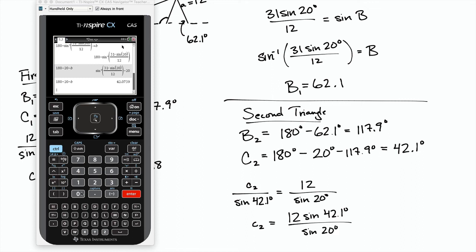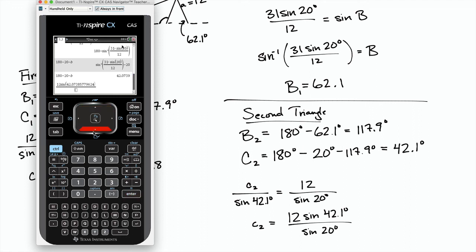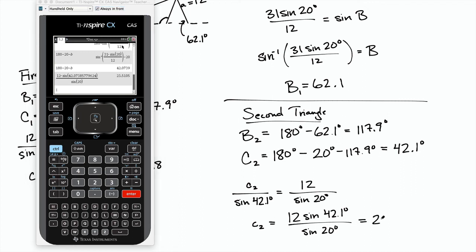And so I can type that into my calculator now. I've got 12 sine of, and then go ahead and just use that thing that I just did, and then over the sine of the 20. And that gives me my side length, rounded to 1 decimal place, of about 23.5.